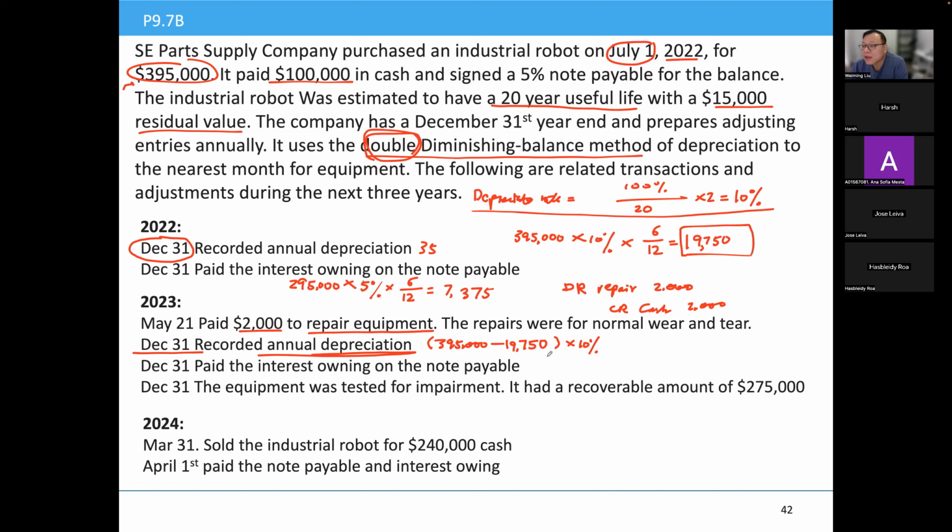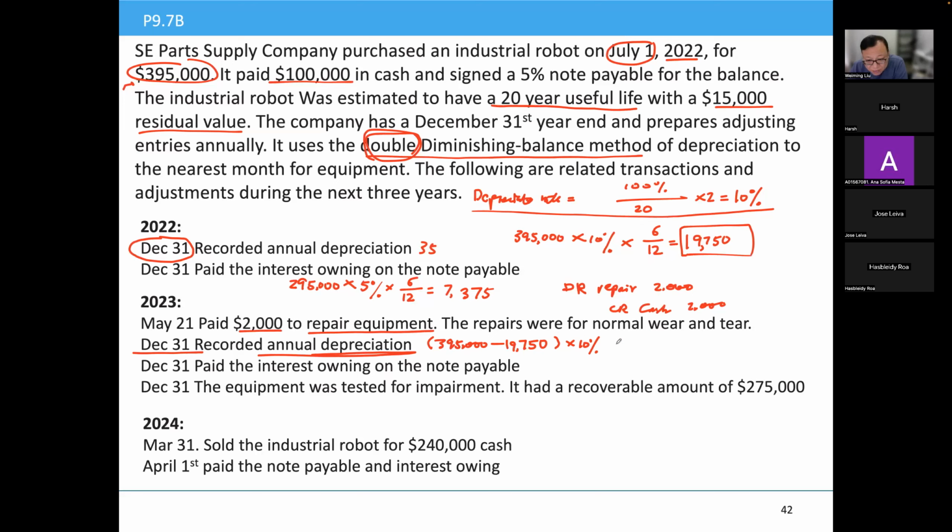Together, this is my carrying amount at the opening. This is the carrying amount as of January 1st, 2023, right? So I'm going to use that opening carrying amount times 10% depreciation rate to know what's the annual depreciation.